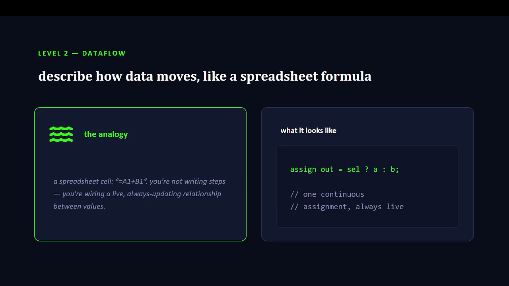That assign keyword is the whole personality of this level. You are not writing a behavior that runs when something happens. You are wiring a live, continuous relationship between signals, just like P equals I squared R is a live relationship between voltage, current, and resistance. The second cell changes, output updates.